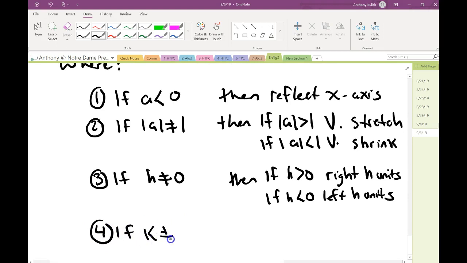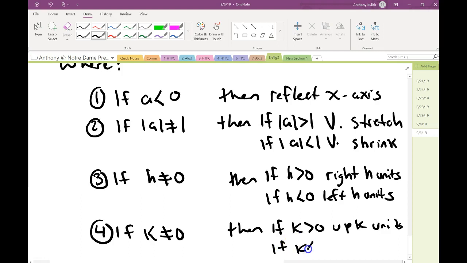And the fourth thing is the k. If k is non-zero, something is going to happen. If k is positive, it's going to shift the graph up k units. And if k is negative, it's going to go down k units.